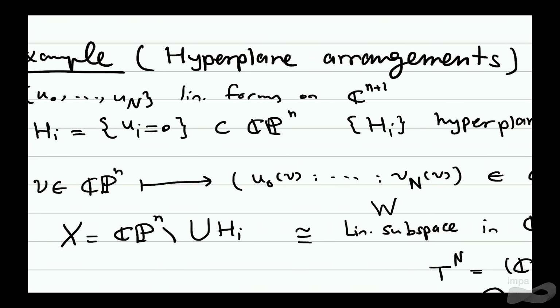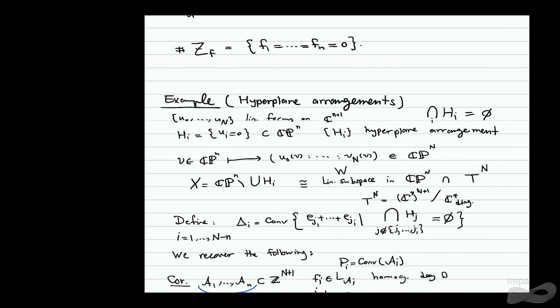Kris denoted it by D. D was the dimension, and my little n is the dimension. Okay. So I have an arrangement of subspaces defined by some linear equations u_i equal to 0, and the projective space minus the arrangement is that L which Kris was talking about this morning.